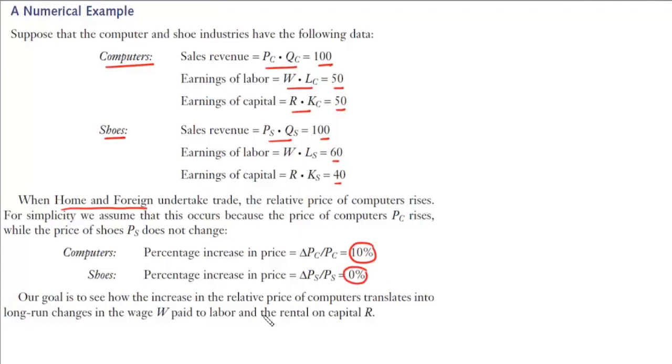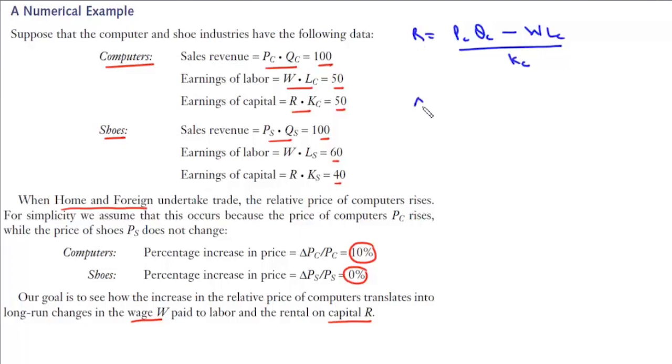So we need to determine, with this increase in the relative price of computers, what will be the long-term changes in the wage W and in the rental on capital R. Now what we'll do is find the rental on capital for both the industries. This rental will be given by its revenue, which is PC into QC, minus cost, which is W into LC, divided by the amount of capital invested, which is KC. Now with change in price, rental is going to change and wage is going to change.